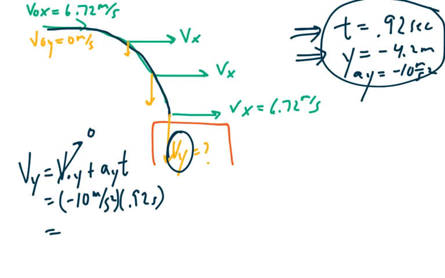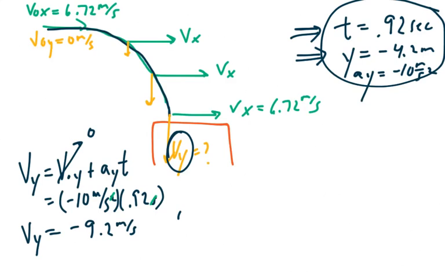Negative 10 times 0.92 is 9.2, and it should be negative, to indicate that it is negative. The seconds cancel with one of those seconds, so I end up with meters per second. So that would be one way to calculate the final y velocity.